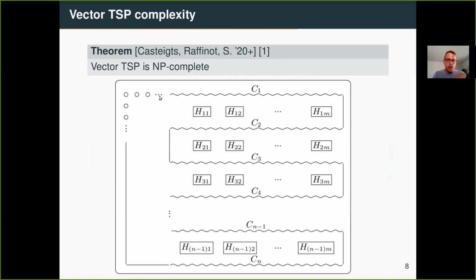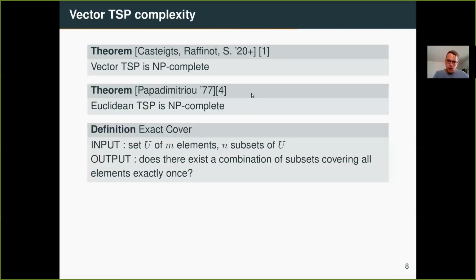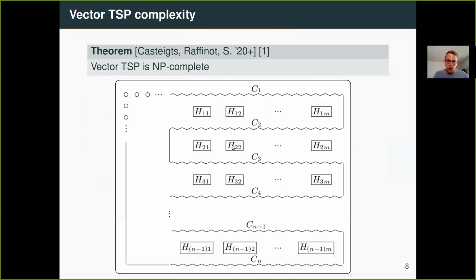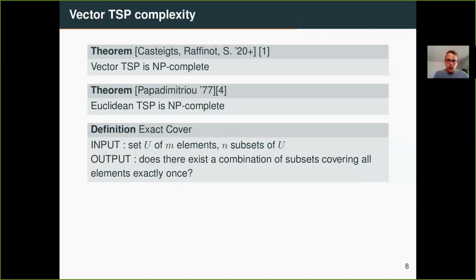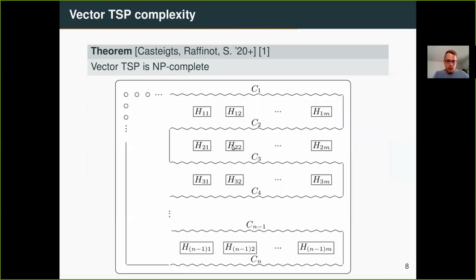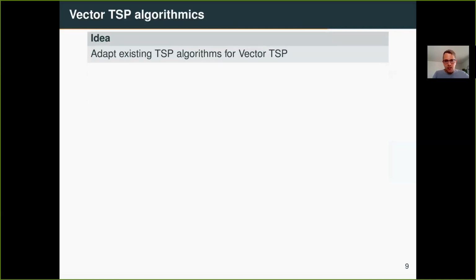And if in the optimal VTSP solution, you traverse C1 in one of the two ways, then the corresponding subset is included in the solution. However, if you traverse C1 in the other way, so there's only two ways to traverse C1, then the corresponding subset is not included in the solution. So that's the only intuition that I'm going to give here, but it's really missing a lot of information, but I don't have the time. So let's continue. So we did the complexity part.